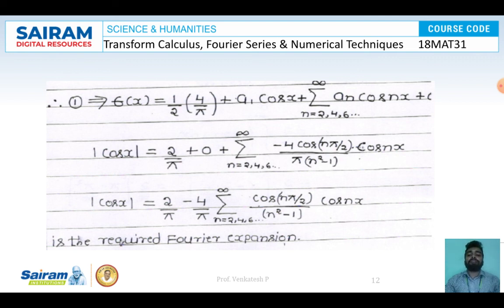After simplifying this, we got mod of cos x is equal to 2 by pi plus 0 plus summation n from 2, 4, 6 till infinity minus 4 cos(n pi/2) by pi(n square minus 1) into cos nx, or mod of cos x will be equal to 2 by pi minus 4 by pi summation n from 2, 4, 6 to infinity cos(n pi/2) by (n square minus 1) into cos nx is the required solution.